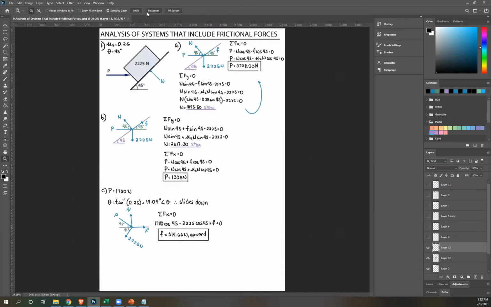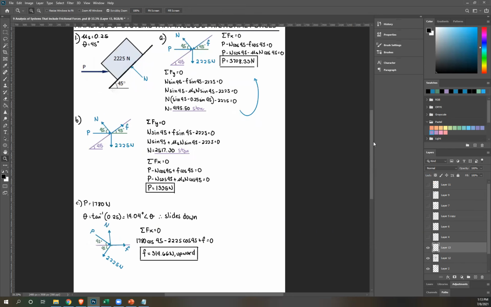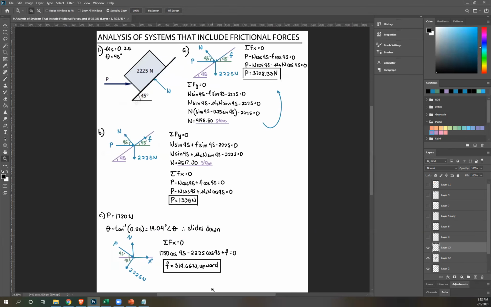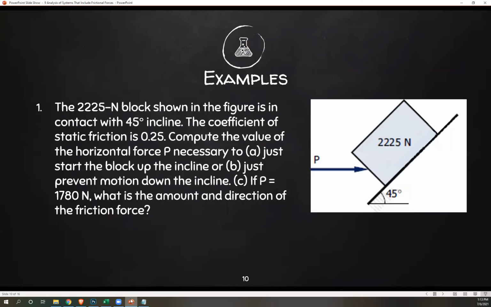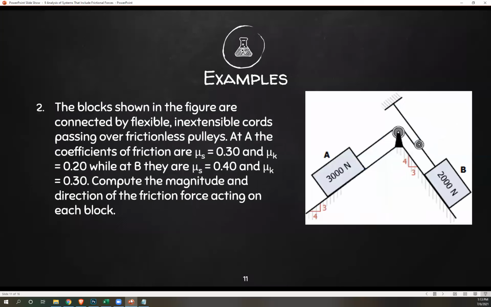Any questions for number 1? Please answer in the chat. Okay, since you don't have any questions, let's move on to number 2, or a portion of number 2.